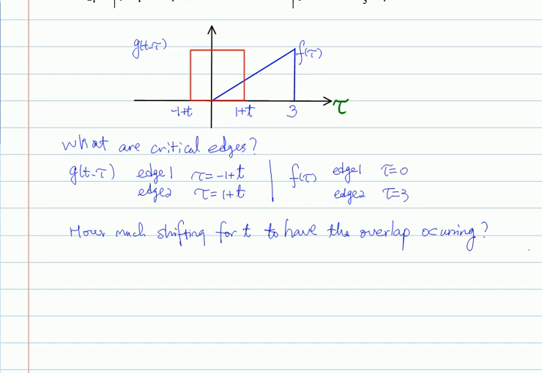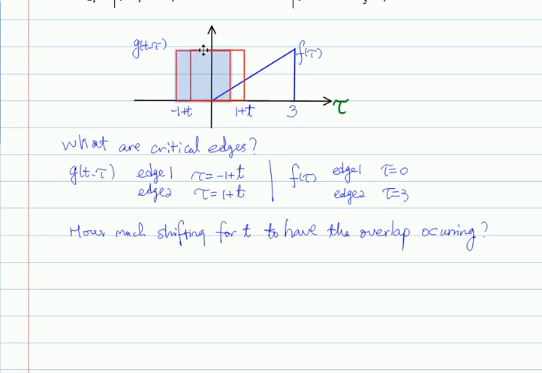If I move this box, not only to the right but also to the left, you still have a little bit of overlap. The overlap will not occur only when the edge tau equal to 1 plus t is on the left side of the edge tau equal to 0, and that's when you don't have overlap.